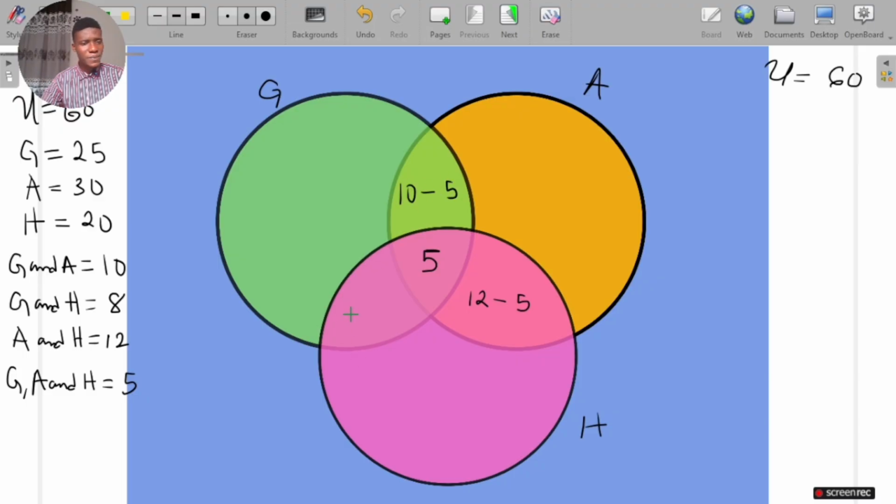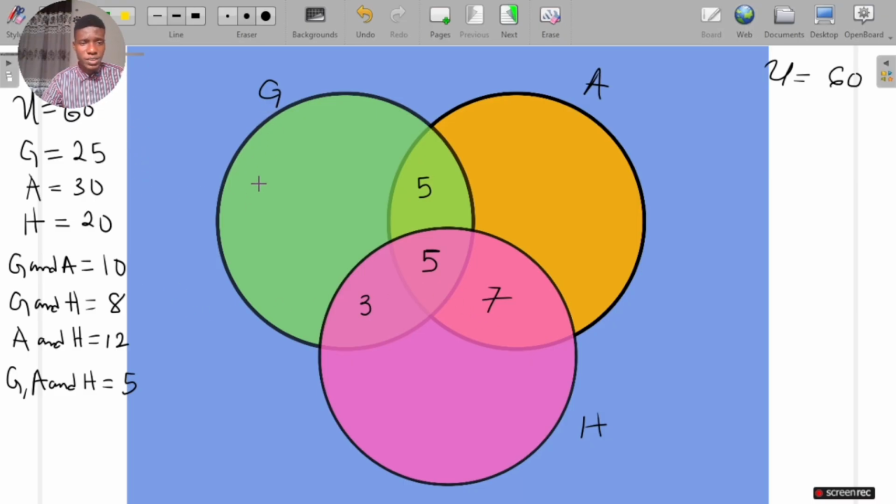And lastly, for the 2, we have G and H, that is gospel and hip hop. So in this case, they were 8 when they counted them, meaning that they were just 3, if not for this 5. So let's do the calculation and replace the operation with the final answer. So now we have 5, 3, and 7. Then we move to the next aspect again.